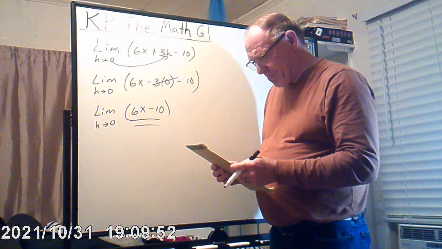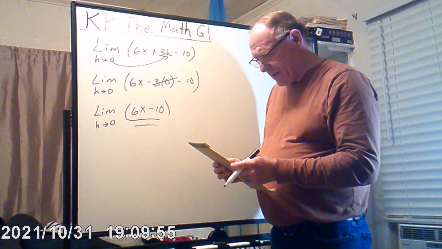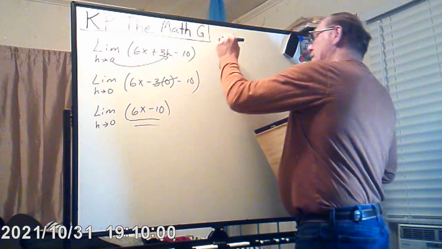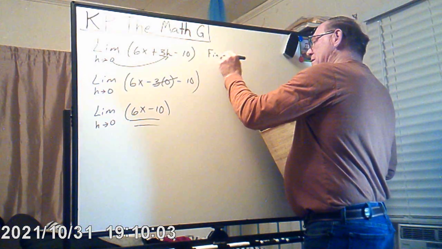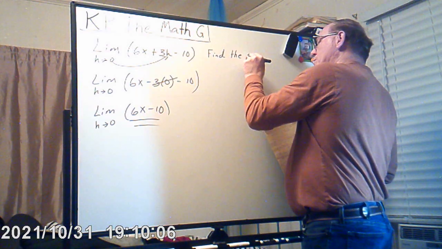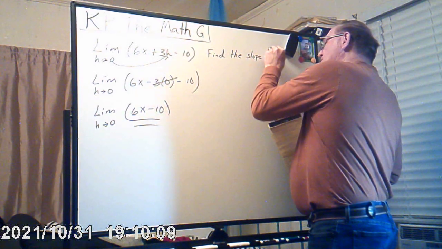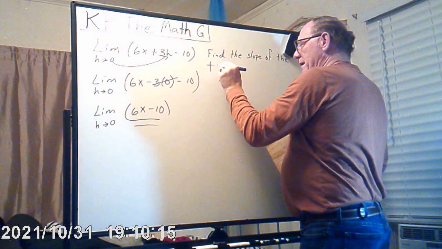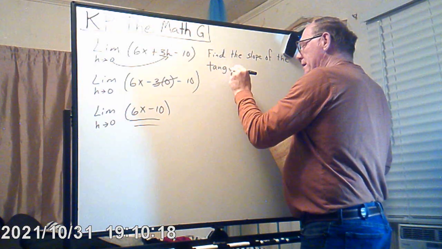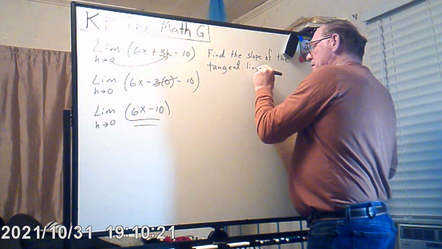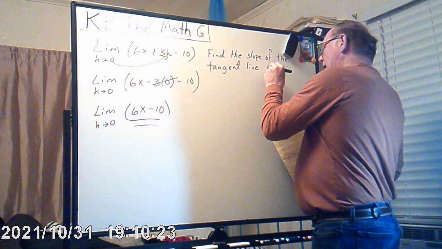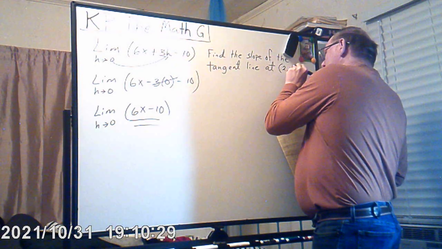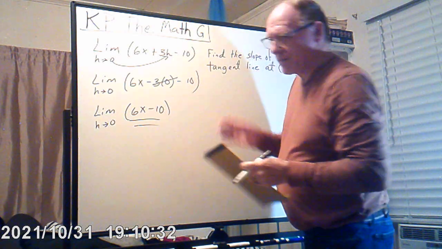So anyway, let's take a look at this now. Speaking of the tangent line, let's find the slope of the tangent line at x equals 2, because that's all you really need, but we'll just say at 2, negative 3.